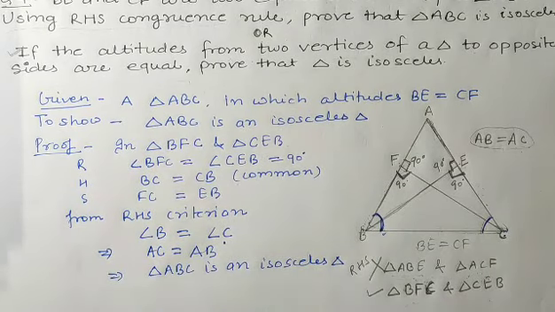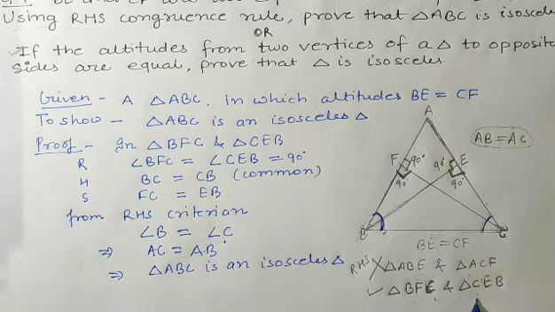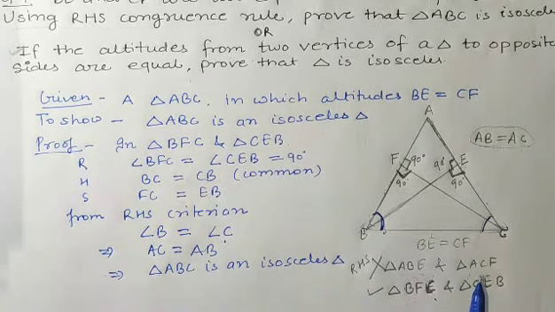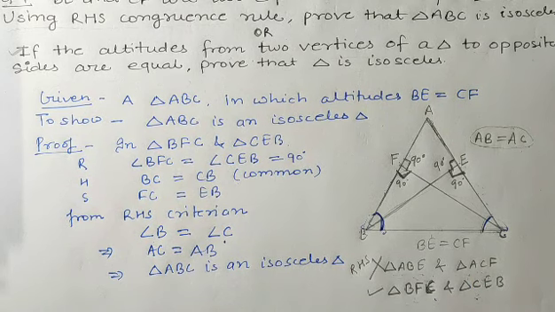Students, this is the concept we use here. We applied the RHS criterion in these two triangles, and after that we said that if in a triangle two angles are equal, then the sides opposite to equal angles are equal. Just pause the video and note it down.